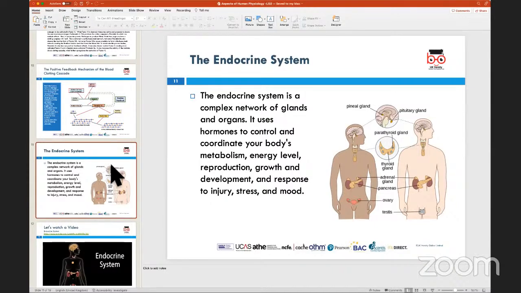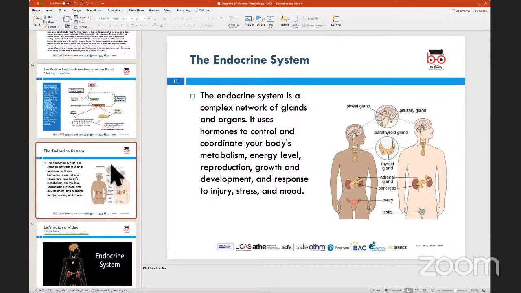Now, let's relate it to the endocrine system. Now, endocrine system is a complex set of organs and glands which basically help release chemicals or hormones, as we say, in the body. And these hormones help coordinate and regulate different types of activities which the other organ systems do in our human body. So, for example, they'll be regulating metabolism, energy levels, reproductive activity, growth of our body, in terms of, say, height, weight, mass.